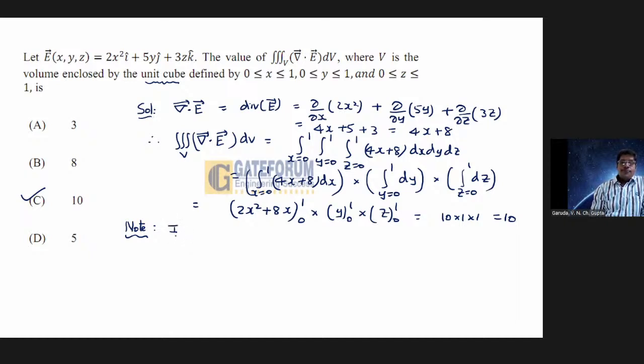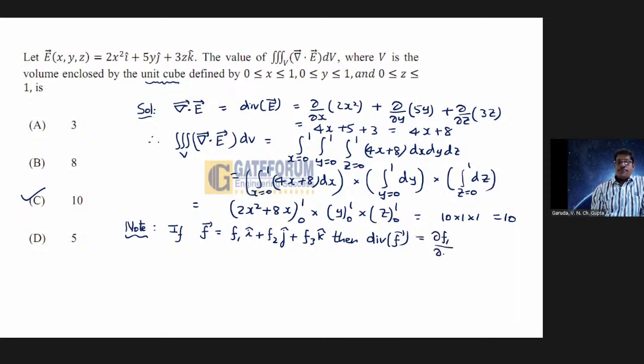If f bar is a vector function defined as f1 i cap plus f2 j cap plus f3 k cap, then the divergence of this vector function is equal to dou f1 by dou x plus dou f2 by dou y plus dou f3 by dou z.